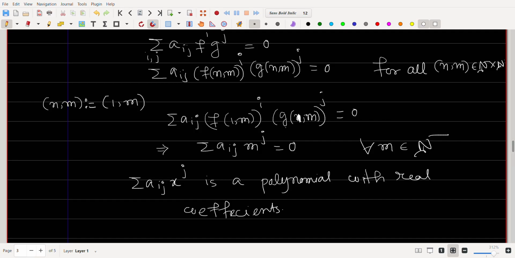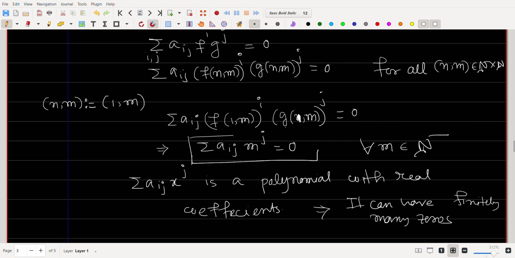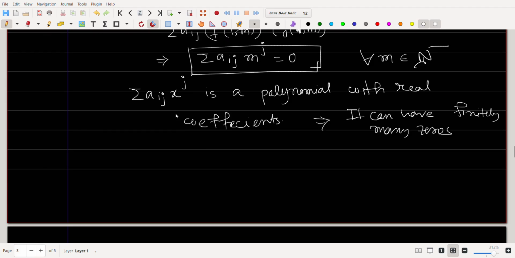Polynomial with real coefficients. That means it can have only finitely many zeros. That means this equation cannot be valid for all m, right? So hence there is no algebraic relation.